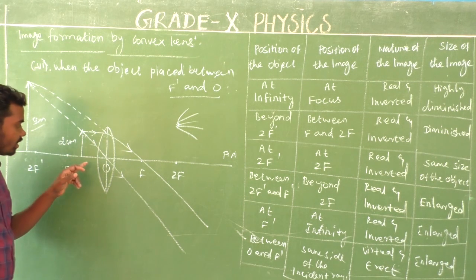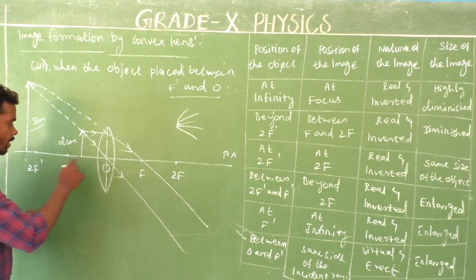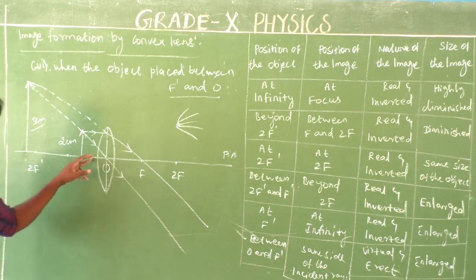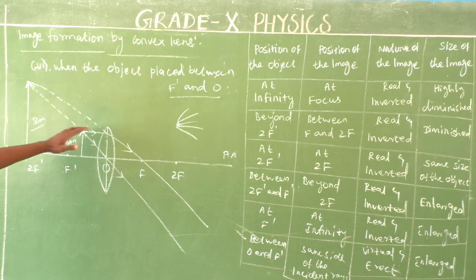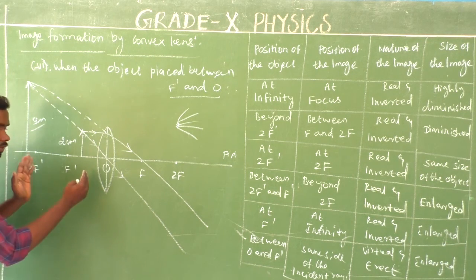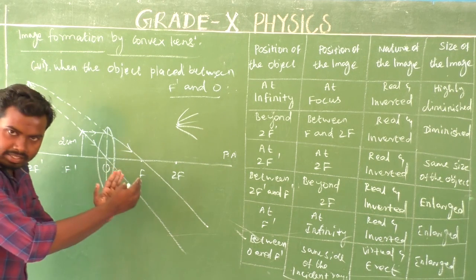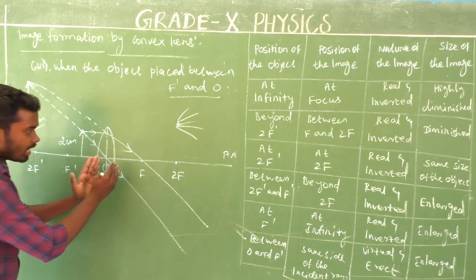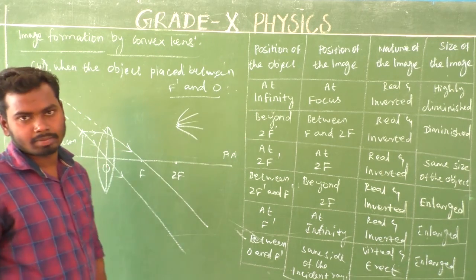Is it clear? Then if the object is placed between F' and O, the image is formed on the same side of the convex lens, or we can say the same side of the incident ray. Is it clear? So if the object distance decreases, the image size increases. Is it clear?